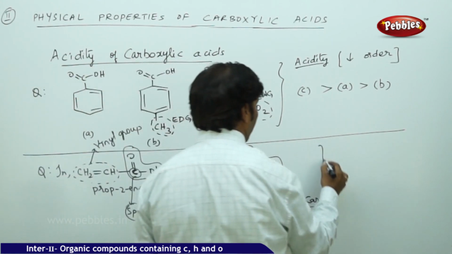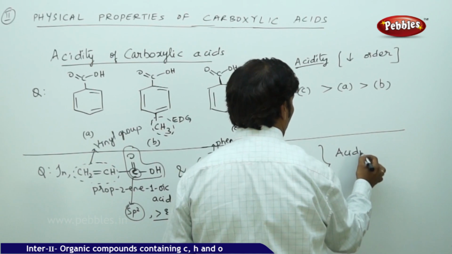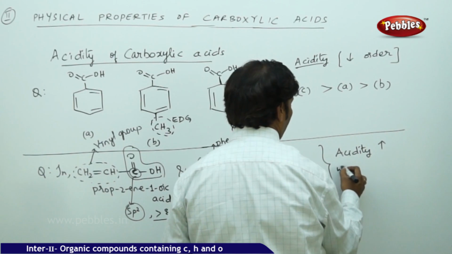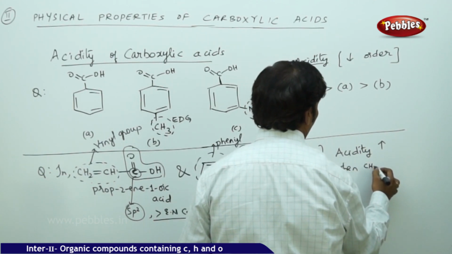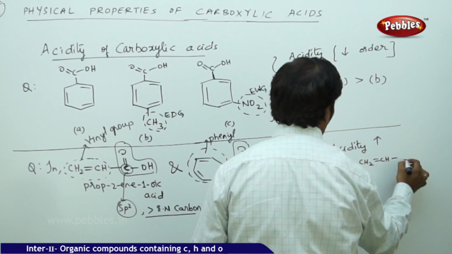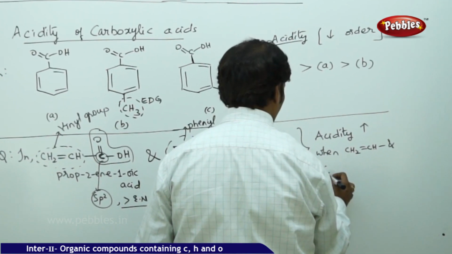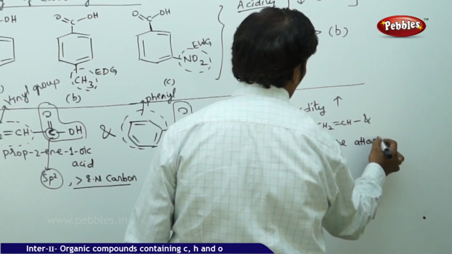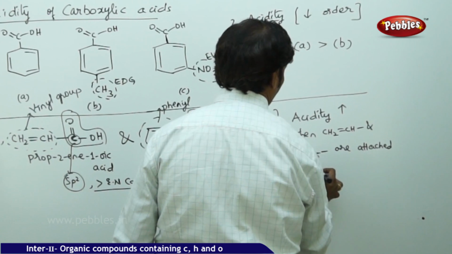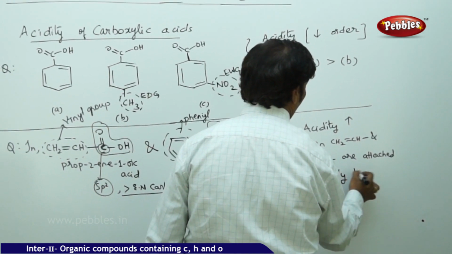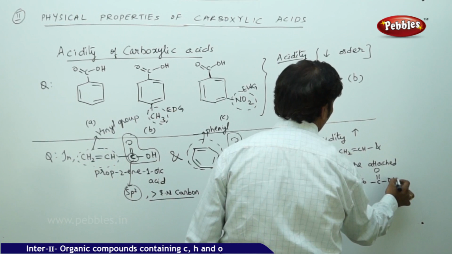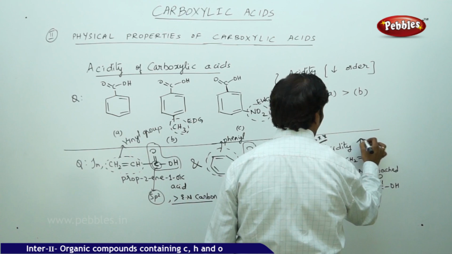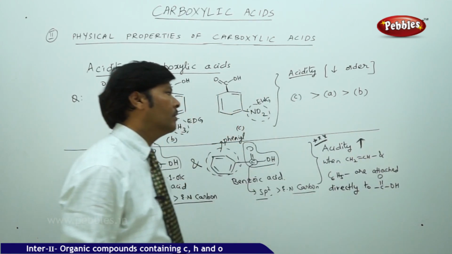Therefore the acidity increases when the vinyl group and the phenyl group C6H5 are directly attached to the carboxylic acid.